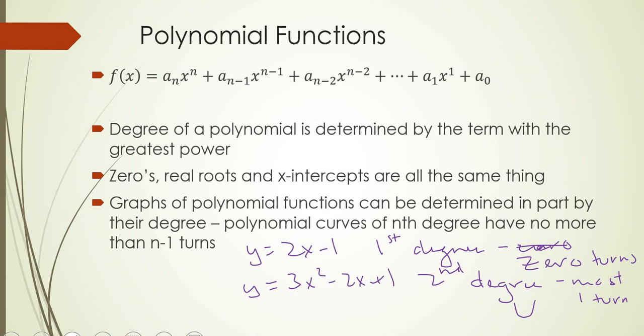Let me just quickly put an example of something like y equals x to the 4th power, and we'll just cut it off there. That's a 4th degree. It can have at most 3 turns, so it's going to look something like that, 3 turns. It might have fewer, and we'll talk about how we figure that out later.